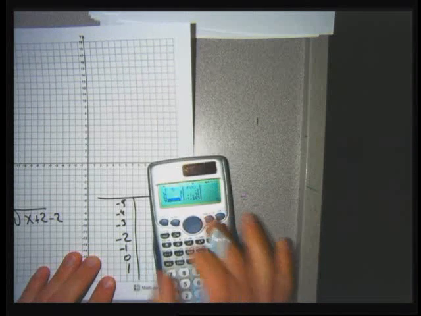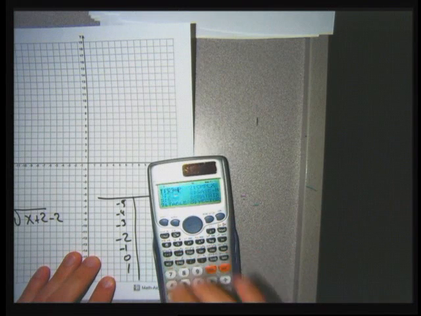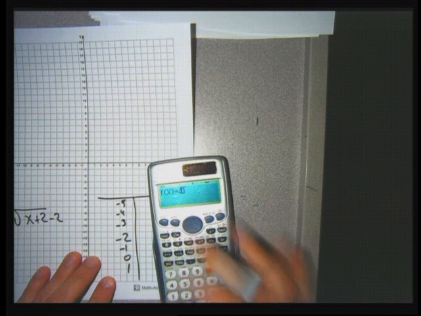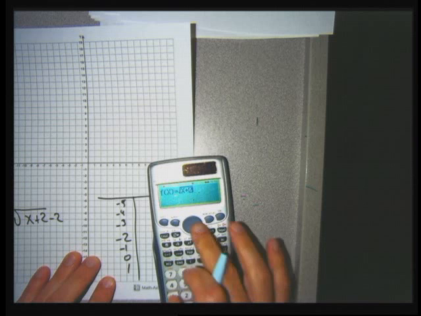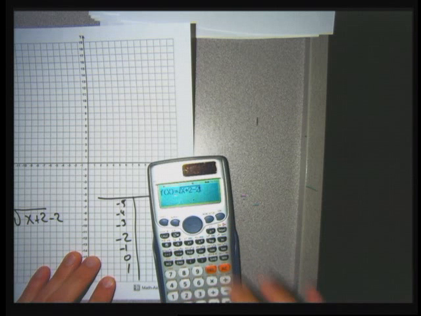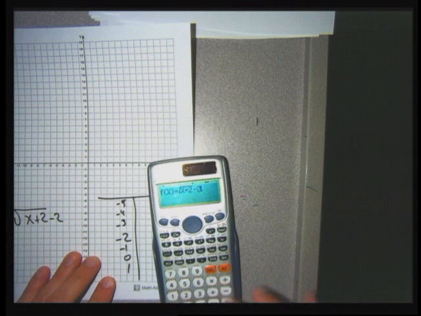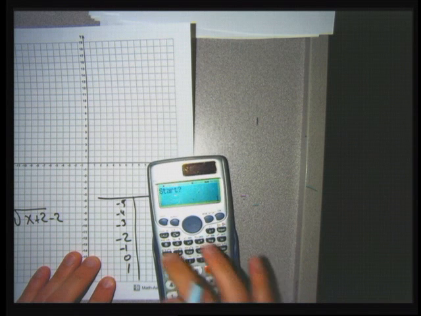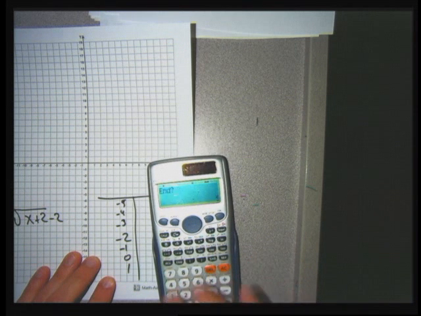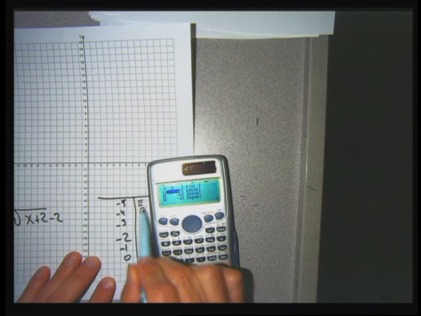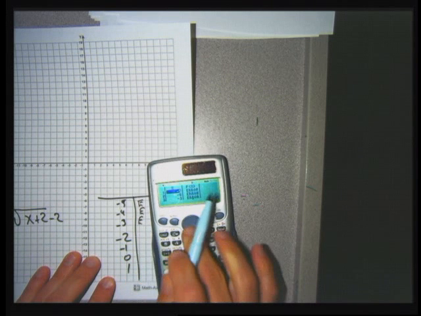So mode 7, square root of x plus 2 under the radical, minus 2. Start at negative 5, end at positive 1, step 1. Error, error, error.